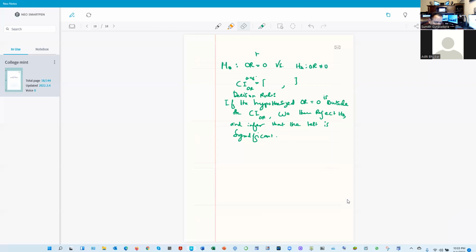It's a two-tailed test. Why? Because of the not equal sign. ln OR is normally distributed.